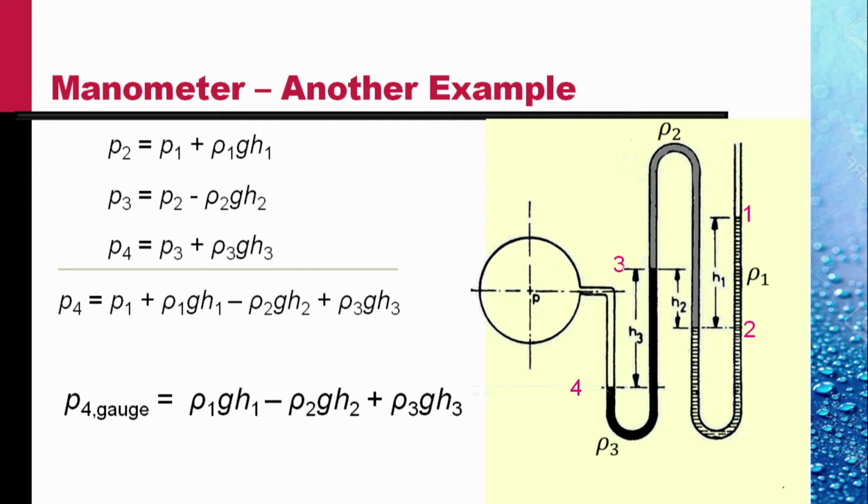Since P1 is the atmospheric pressure, the gauge pressure at point 4, P4 gauge, is given simply by rho 1 g h1 minus rho 2 g h2 plus rho 3 g h3.